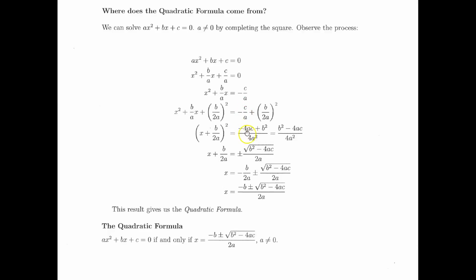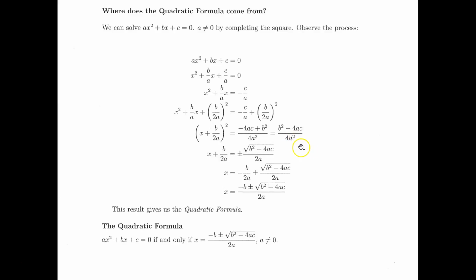So we would have minus 4ac over 4a squared, and then b squared over 4a squared. We usually write the positive number first, so that's why we have b squared minus 4ac over 4a squared.